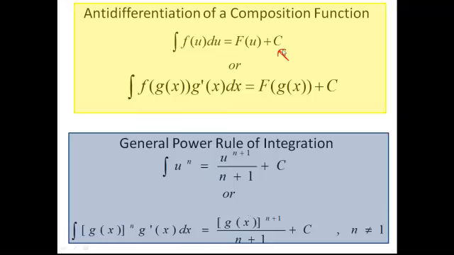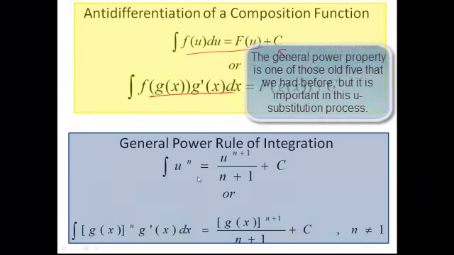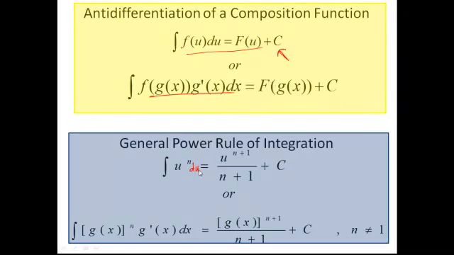And we'll do examples of this in a second. Otherwise, this is just a different notation, and these mean the exact same thing. This right here means the exact same thing as this right here. But instead we're just saying, alright, g of x would be what identifies the inner function versus u. And then the general power rule, this should actually have a du here. So if you ever have u to the n with respect to u and you're integrating it, then it's the same general power rule that we used before.